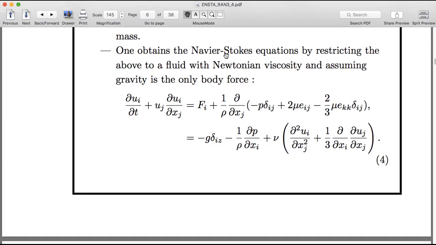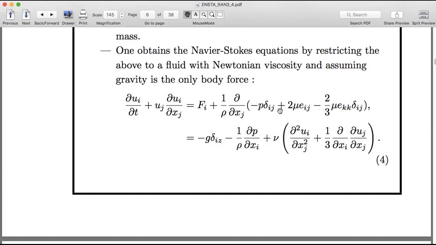Newton was a busy guy, right? Back in the 17th and 18th century, he came up with his laws of motion, but also, separate from that, he came up with this notion of what we now call a Newtonian fluid.